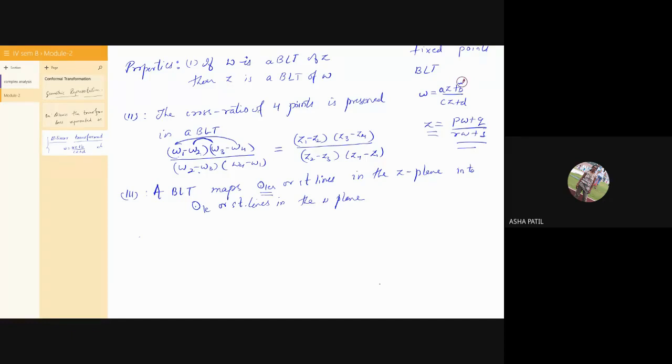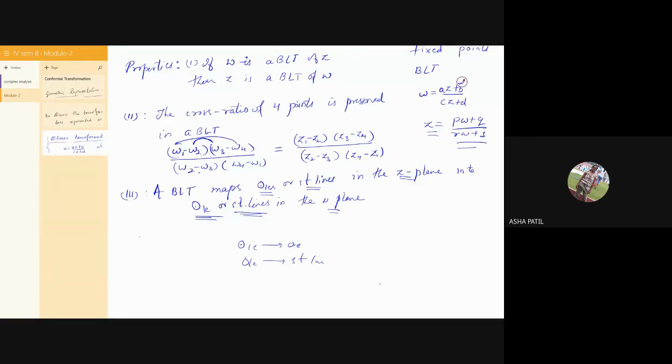If you take a circle in the Z plane, it maps onto either a circle or a straight line only in the W plane. Again, if you take a straight line in the Z plane, it also maps either into a circle or into a straight line only in the W plane. So these are the properties of a bilinear transformation.